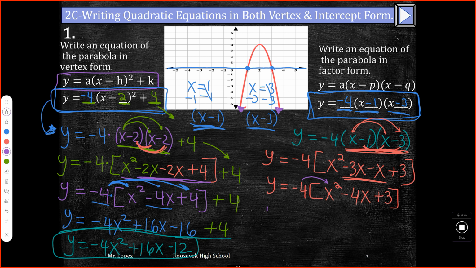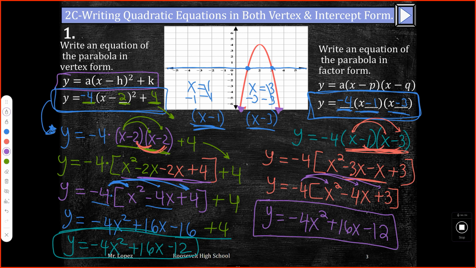So this is going to now become y equals -4x squared. Negative times a negative is a +16x. And -4 times 3 is -12. So we've expanded the intercept form of this quadratic. And I hope you see that both of the results are the same.